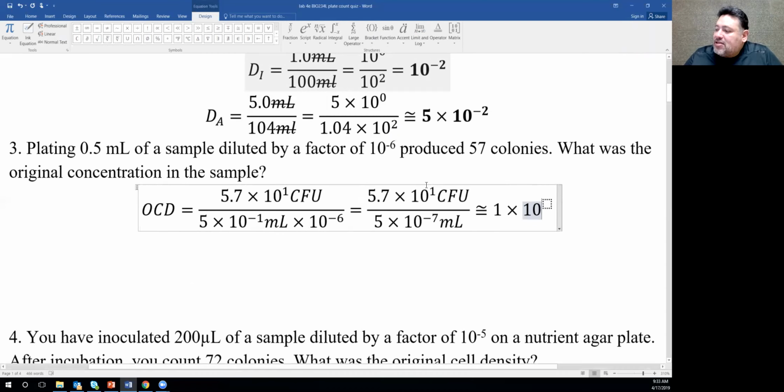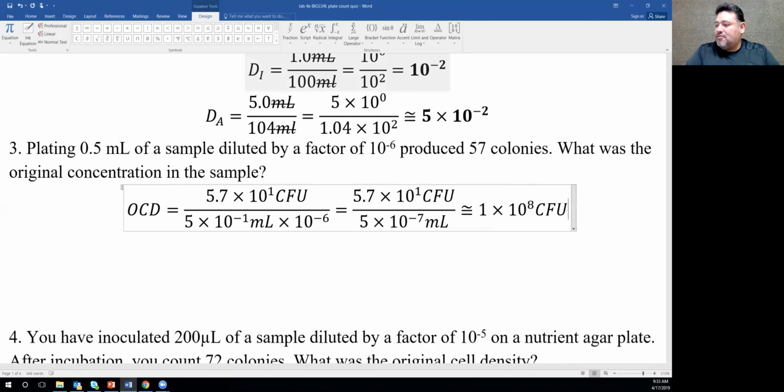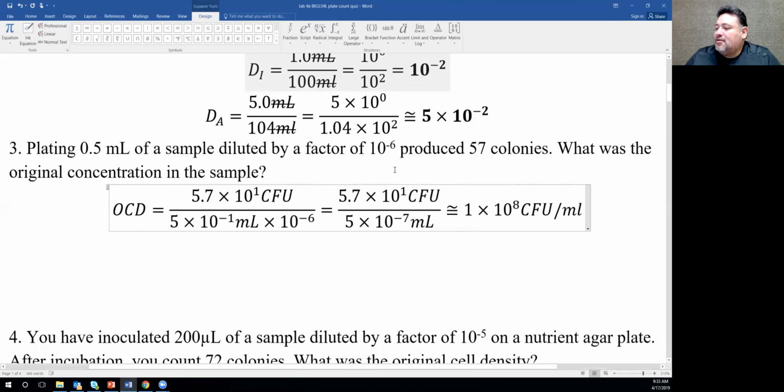Well, it's a 1, and now we're going to subtract the exponent on the denominator, so that's 1 minus a negative 7. So 1 minus a negative 7, that's 1 plus 7, and that makes this an 8. And that's going to be CFUs per milliliter, okay? Colony forming units per milliliter, and that is your original cell density that we calculated.